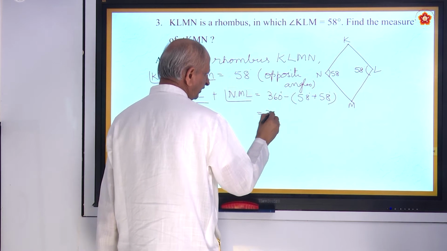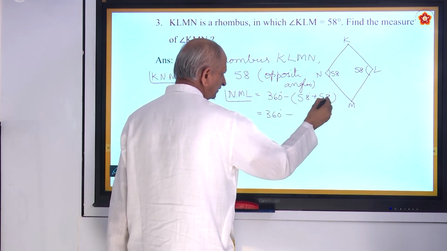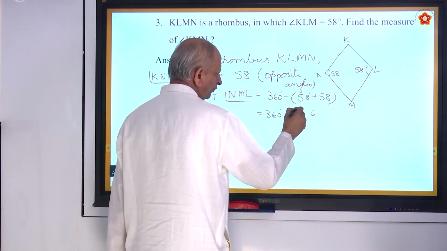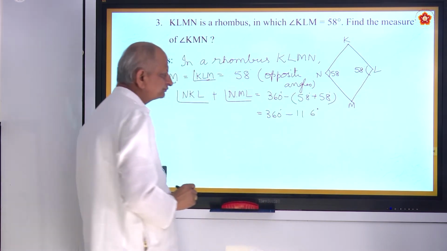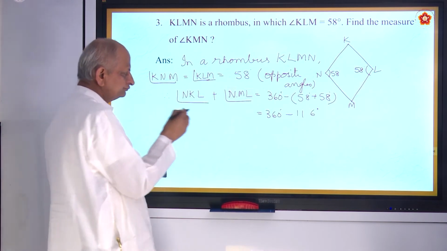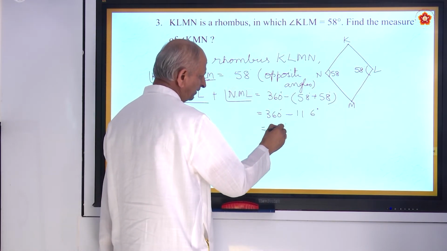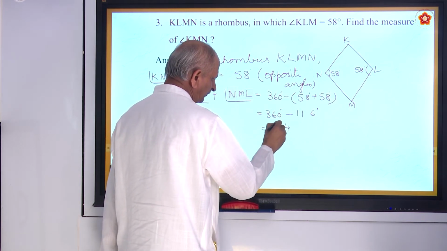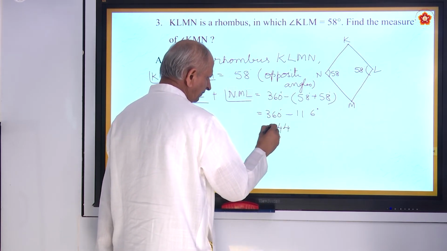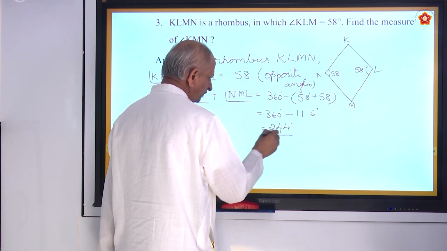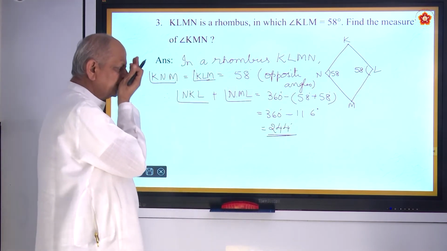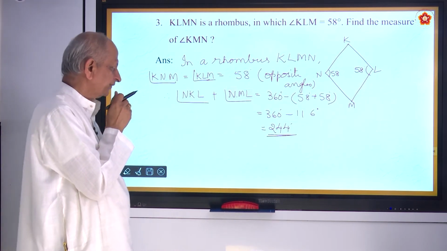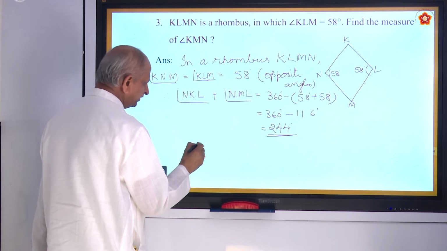So 360 minus 116. Correct? Okay. 10 minus 6 is 4. Then 5 minus 1 is 4. 3 minus 1 is 2. So the sum of these two is 244. Correct? Yes. Now you have to find out KMN.